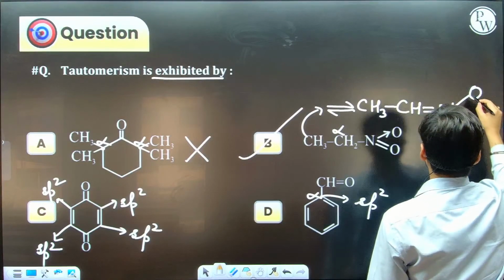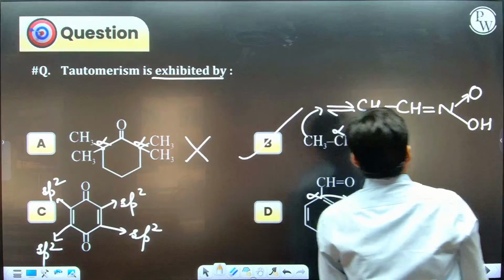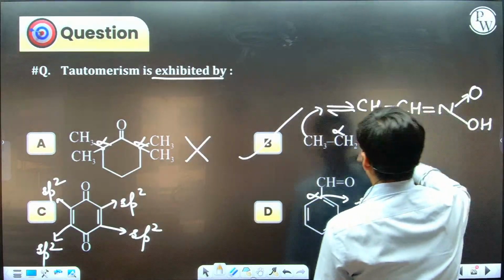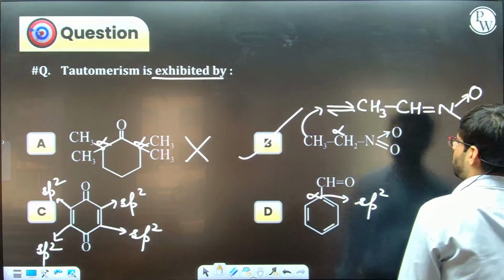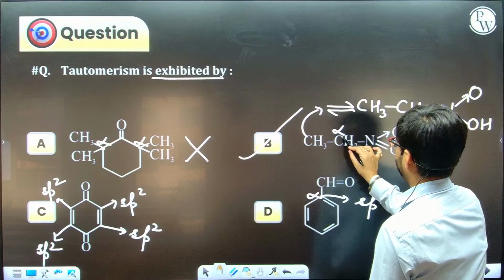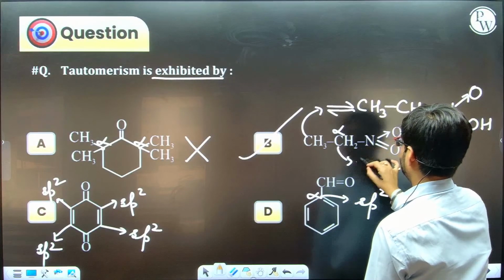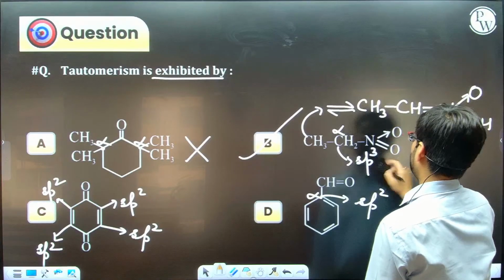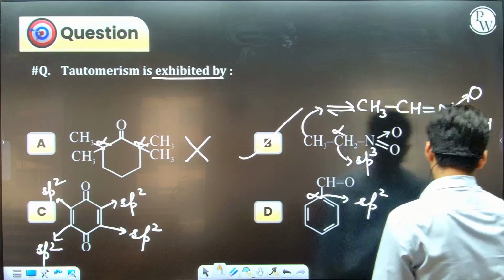So this is the tautomer of this. So these two are tautomers of each other. Now see, this alpha carbon is sp3, and also it has a hydrogen atom attached to it.